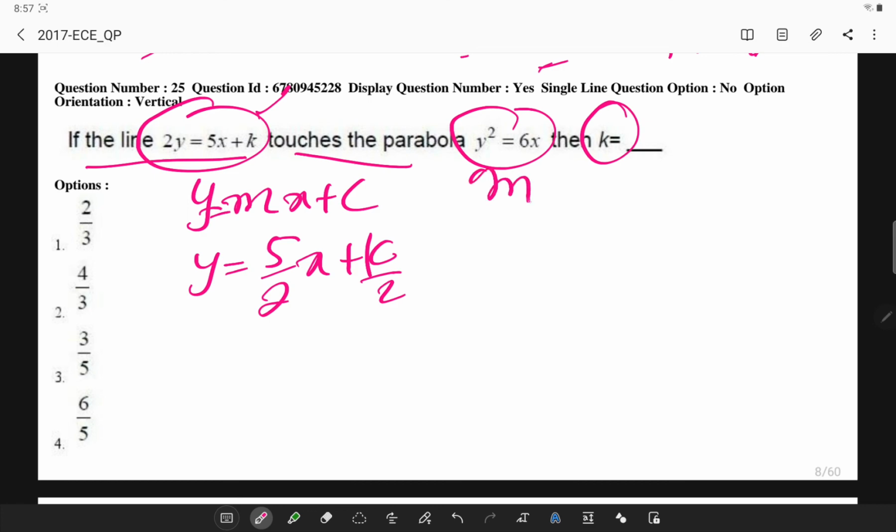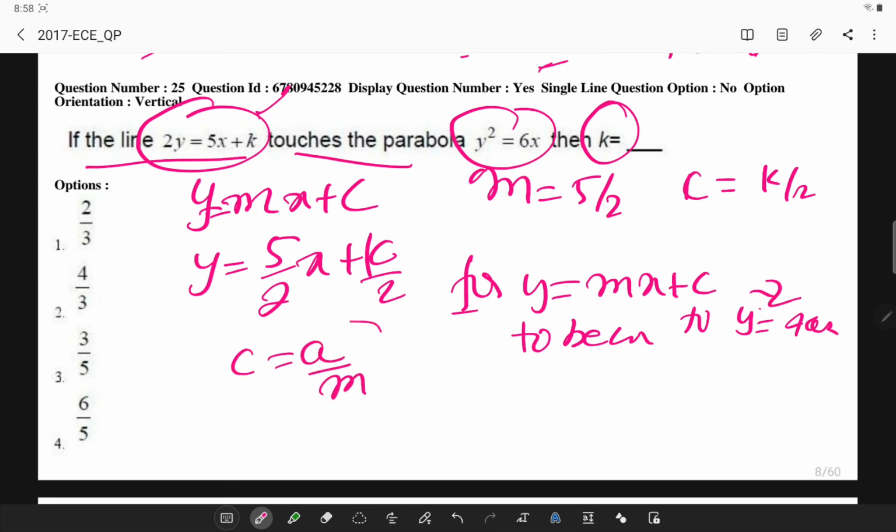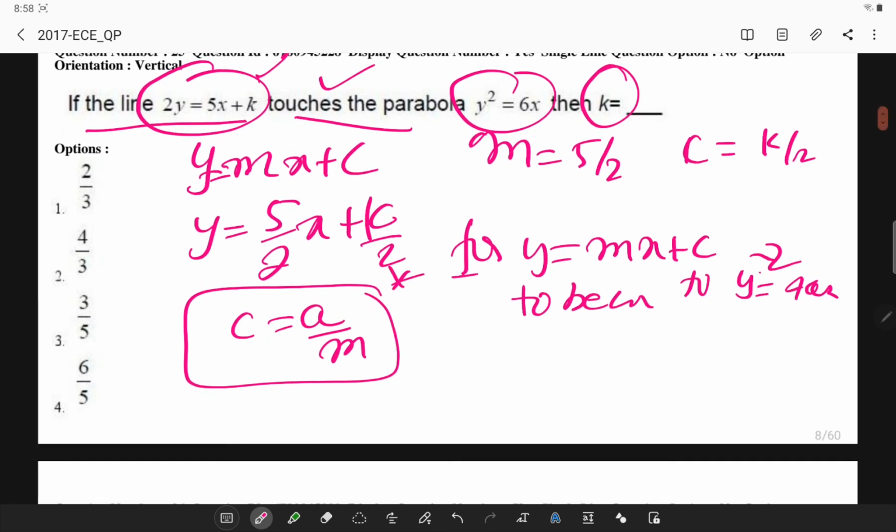Here m is 5 by 2 and c is k by 2. Now the condition for y is equal to mx plus c to become a tangent to y square is equal to 4ax is c is equal to a by m. Very important. As it is touching, this is a tangent.